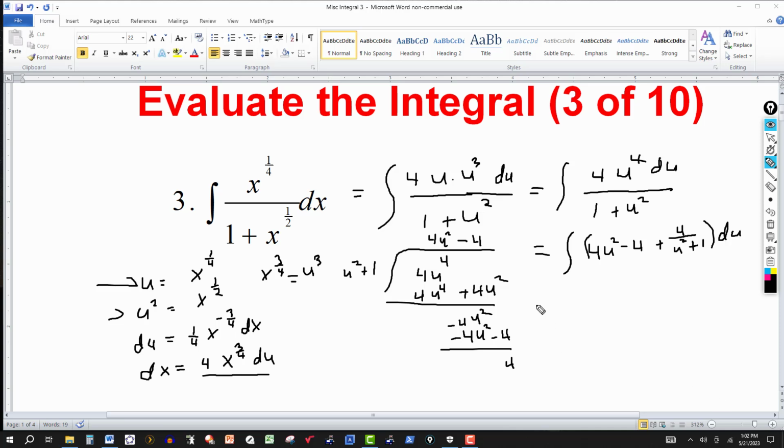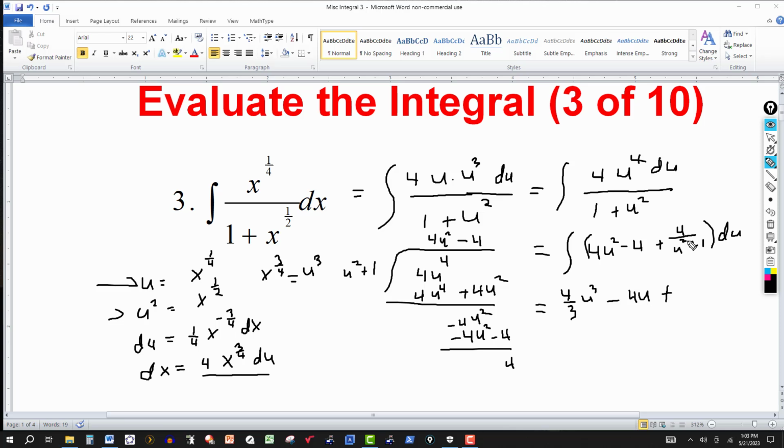And now we can just integrate here with respect to u. So 4u squared, add 1 to the exponent there, this will give me a 3. And we divide the coefficient by 3, we get 4/3 u cubed. And it's going to be minus 4, integrate with respect to u, that'll just give me a minus 4u.